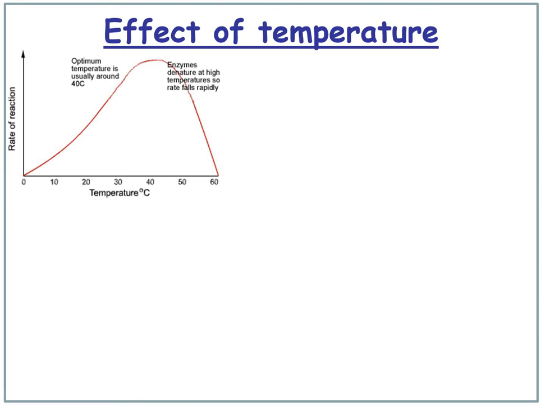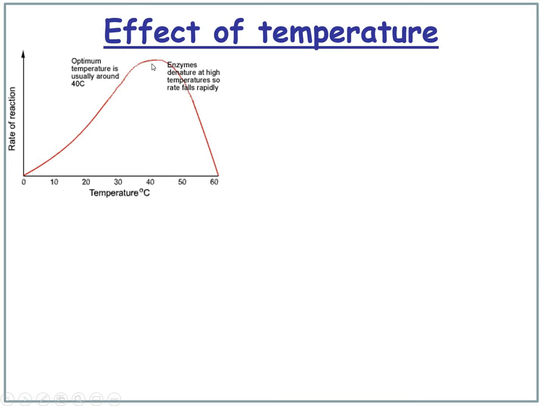First of all, we want to know the difference between describe and explain. If we were to describe this graph, you literally just look at the patterns. You don't explain why, you just say what is happening. So from 0 to 40 degrees C, as the temperature increases, the rate of reaction increases.